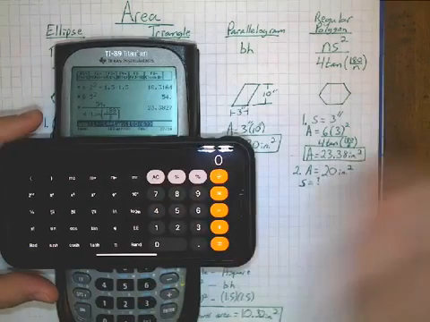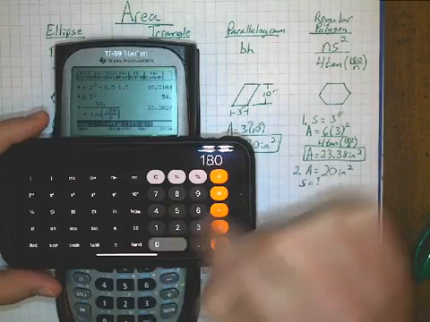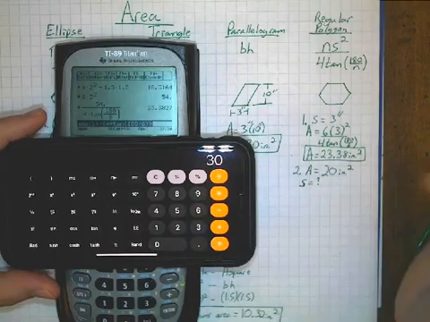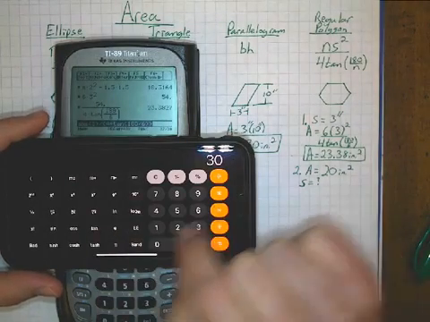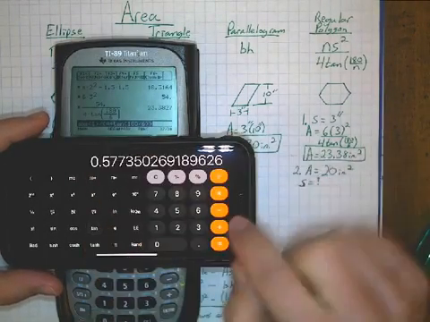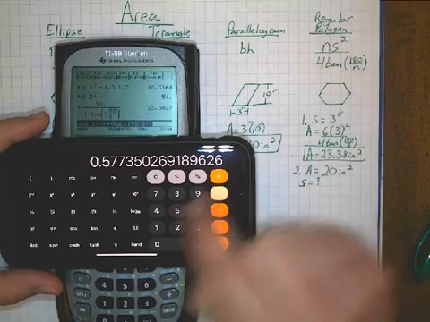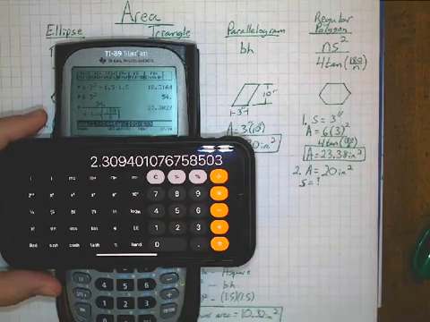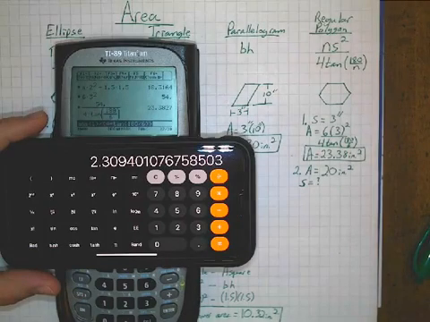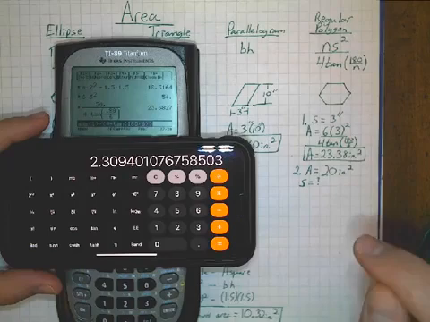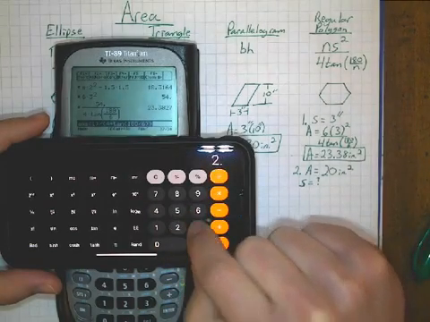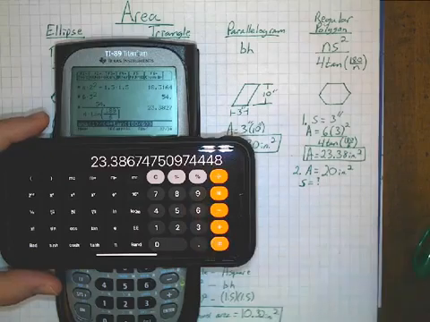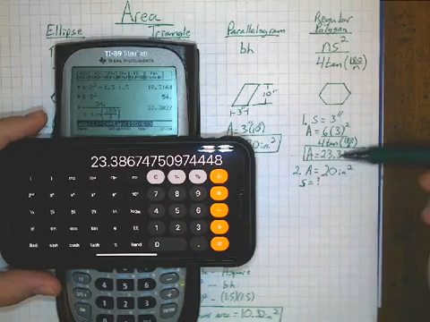So you need to make sure that you do 180 divided by 6, so you get 30, and then you use tan, and you take that times 4 to get your number there. So if I remember 2.309, then I can take 54 divided by 2.309, and then I get my same 23.38.